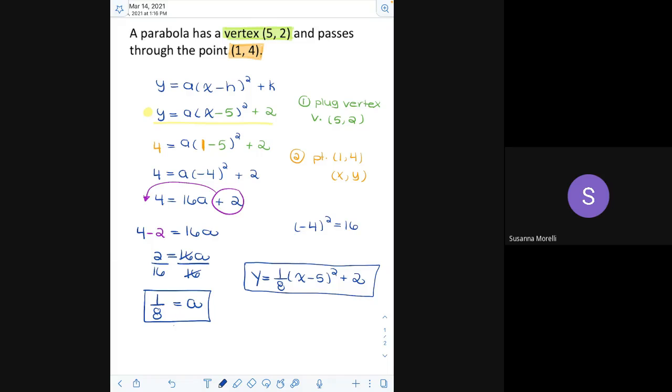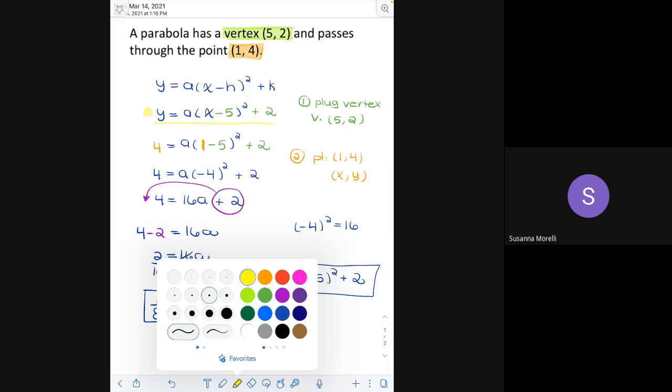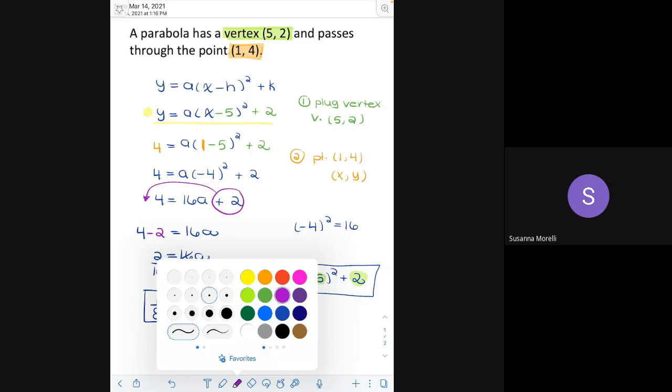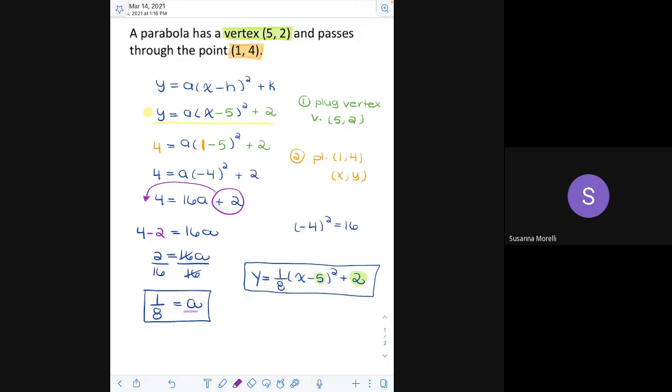It does include our vertex, so I would highlight that in green, and it includes our a value that we found, which is right there. So I hope that video helped, and that's how you would find the equation of a parabola in vertex form given the vertex and a point.